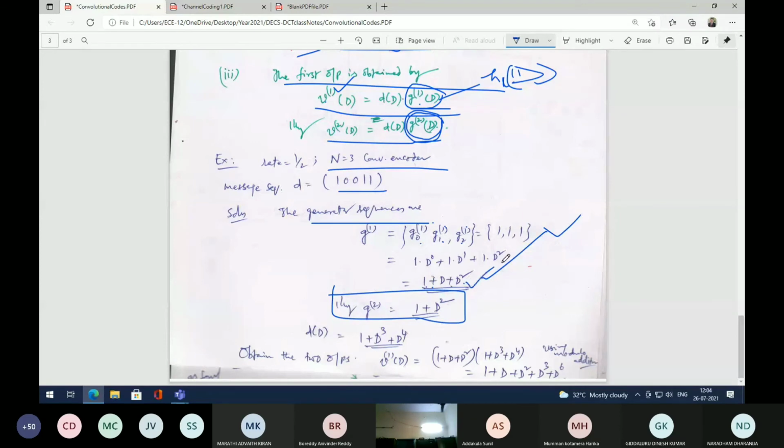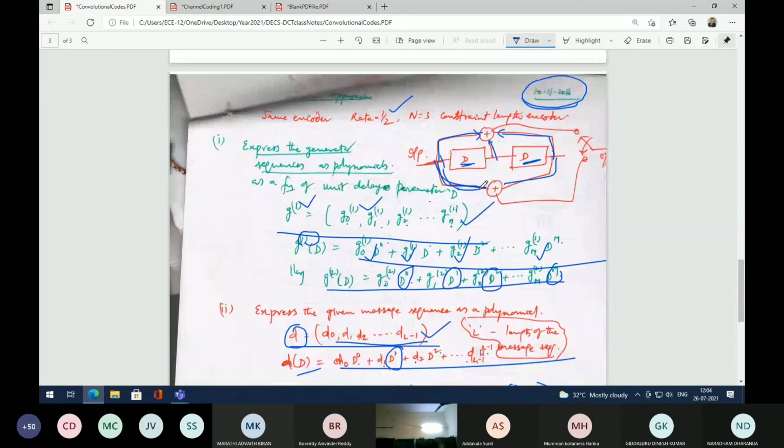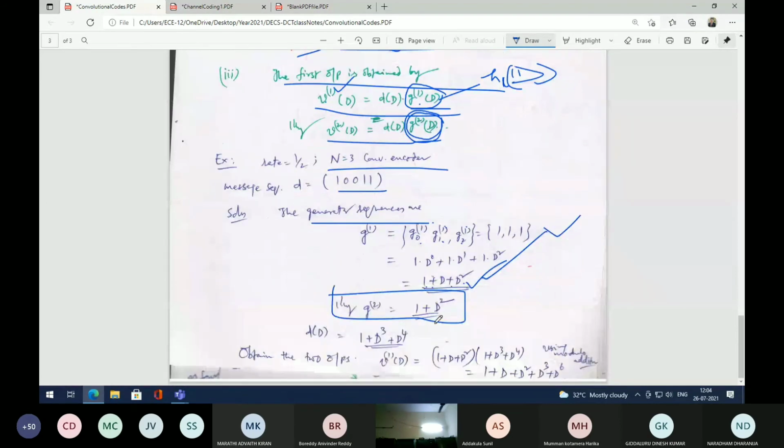For the second output, I take this one and the second one: 1, this D is not there, D square is there, so 1 plus D square. Based on this, D of capital D can be written as 1 plus D cube plus D to the power of 4.